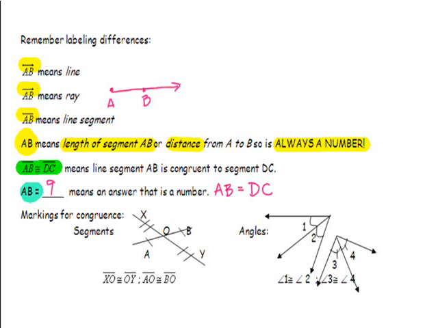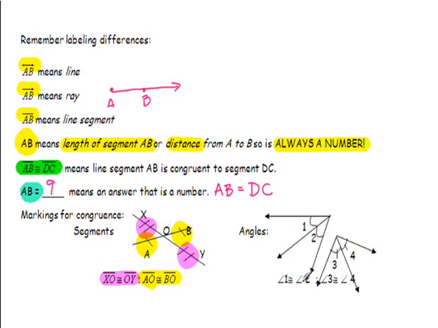All right, and then we always mark our figures if we want to show congruency. So this little single hash mark right here means that these two segments are congruent to each other. And then if I want to show two different segments in the same figure are congruent, then I add a double hash mark. Same thing with angles. I can show that angles are congruent with this little hump thing.